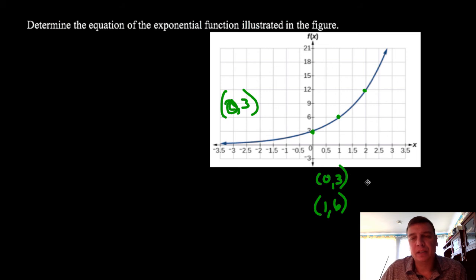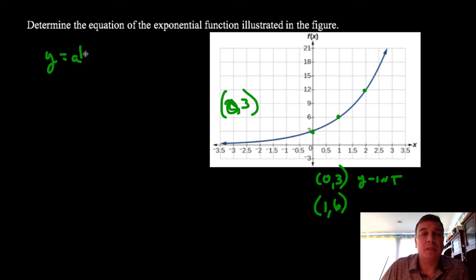Well, the nice thing is when it says (0, 3), this is the y-intercept. So if that's the y-intercept, then I have the equation y equals a b to the x. So when x is 0, anything to the 0 power is 1.